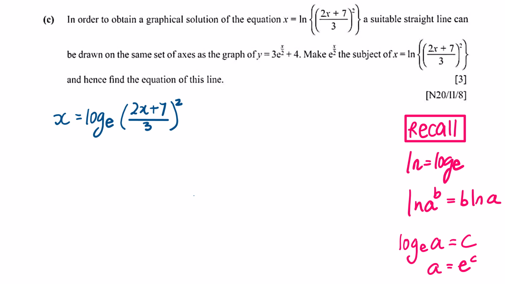So I've converted ln to log base e. Why do I do that? Because the equation that I need to get on the left-hand side is in terms of e, the exponential function. So I need to convert ln to log base e, and from there, convert it to index form.